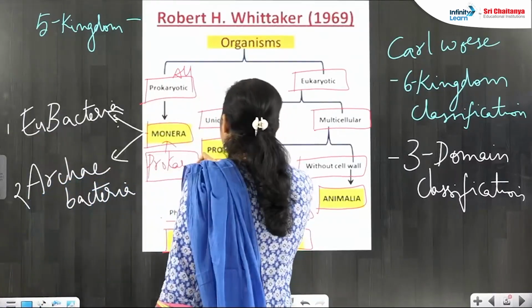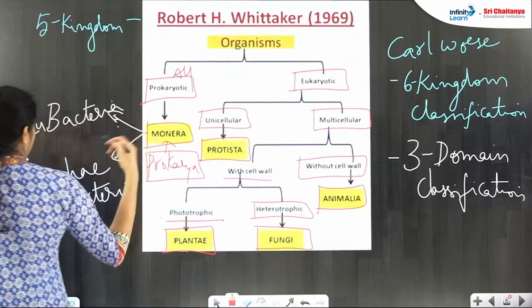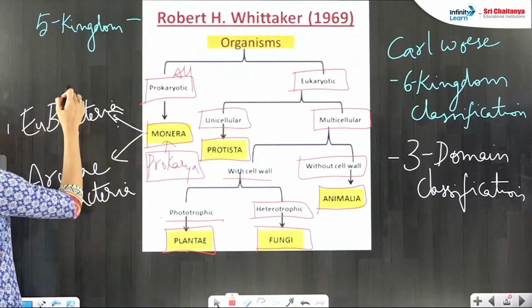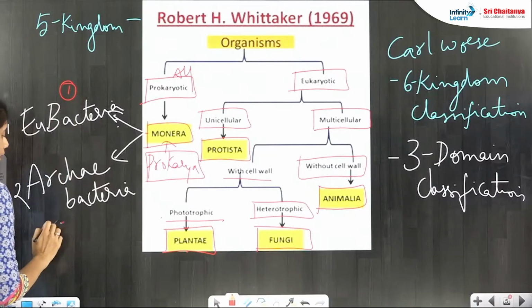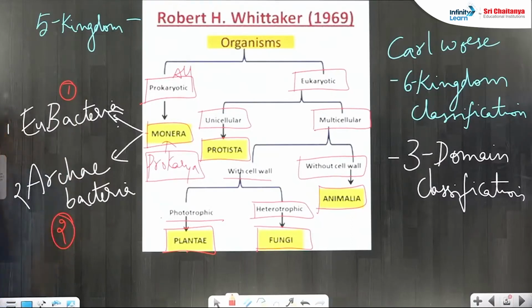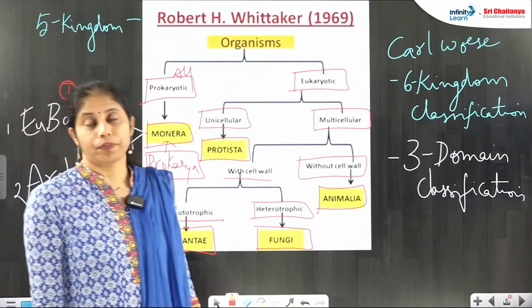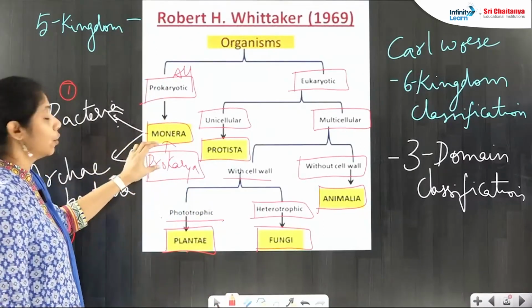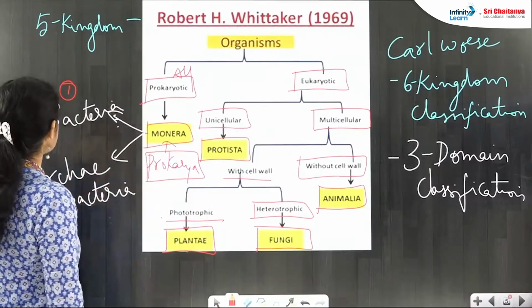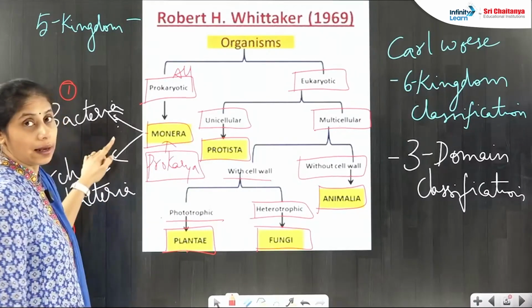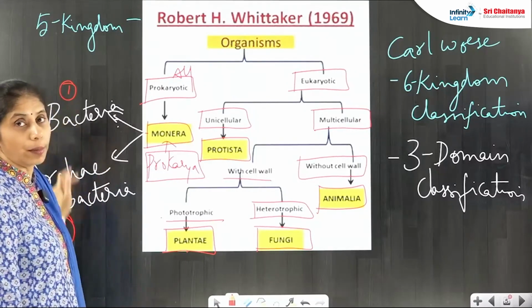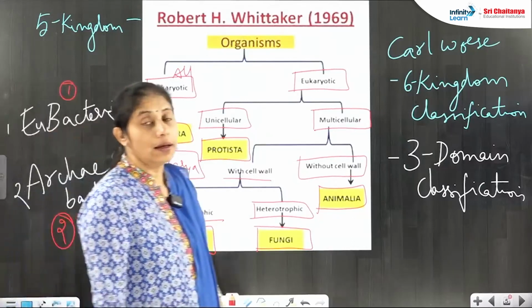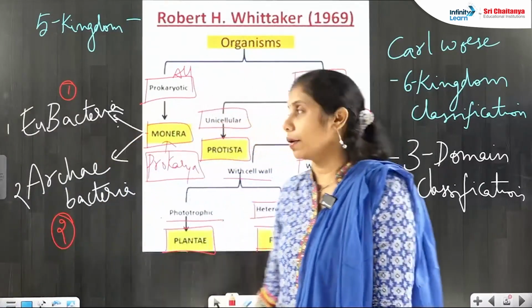In that, he separated the Monera. So he created the first one as eubacteria, the second one as archaebacteria. Monera got separated, which includes all prokaryotes, into eubacteria and archaebacteria. So two domains are there. First domain is eubacteria, second domain is archaebacteria.